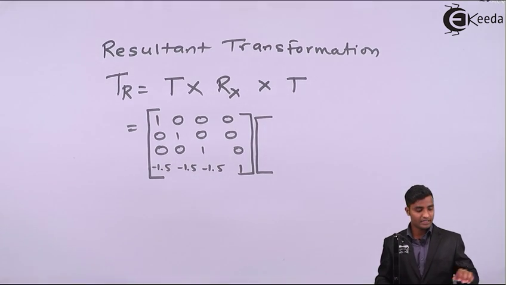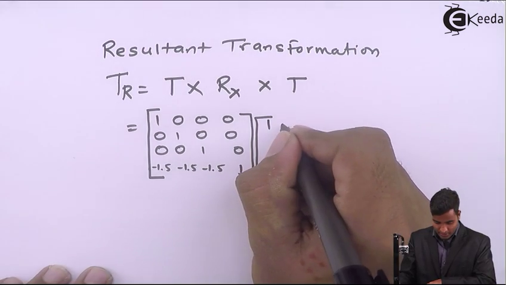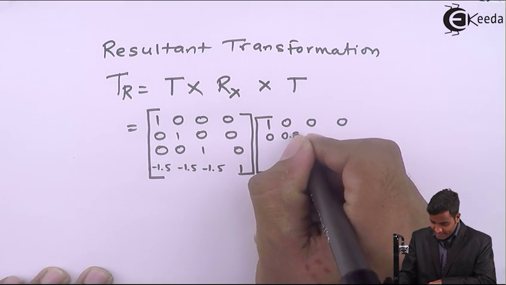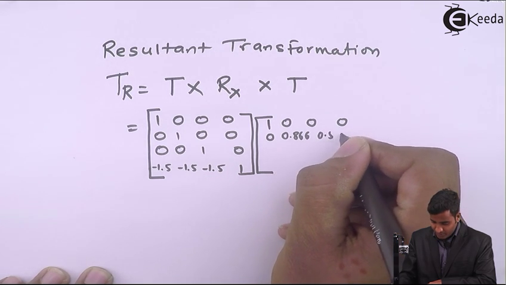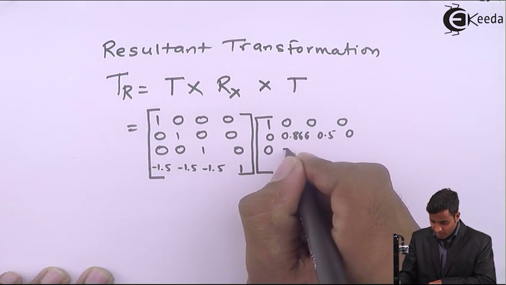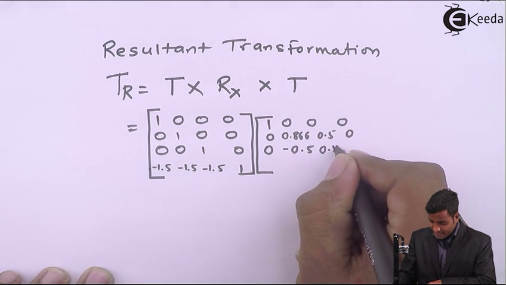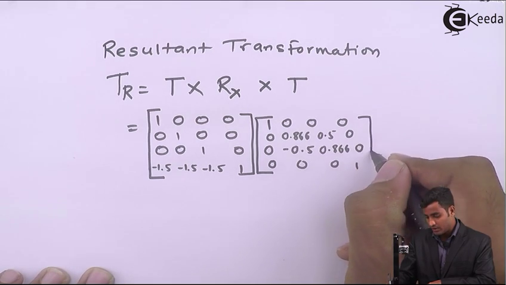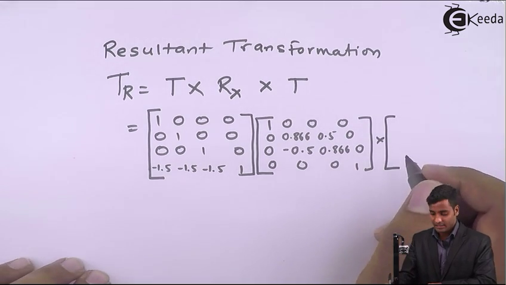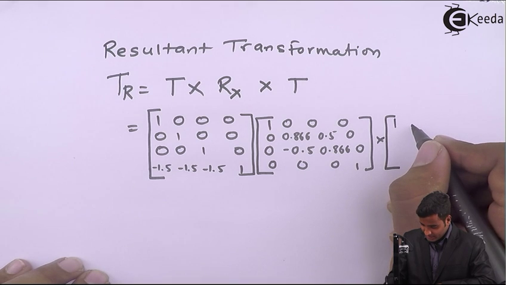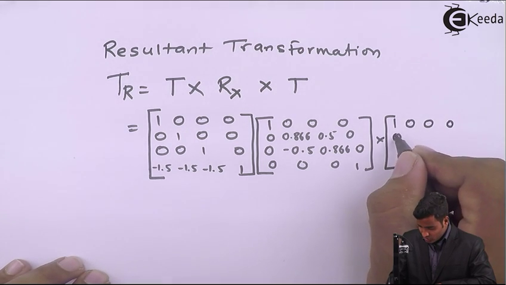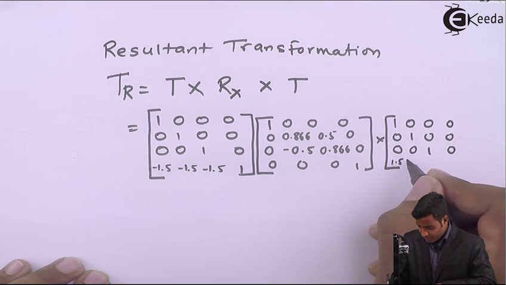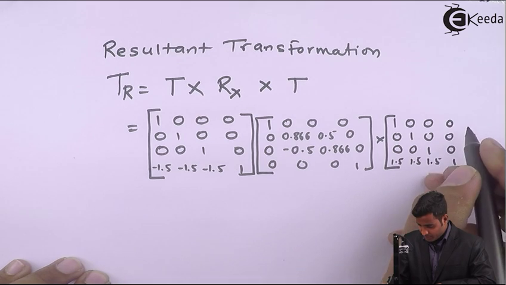The matrix for rotation is 1 0 0 0, 0 0.866 0.5 0, 0 minus 0.5 0.866 0, 0 0 0 1. And the last one is back translation. The matrix for back translation is 1 0 0 0, 0 1 0 0, 0 0 1 0, 1.5 1.5 1.5 1.